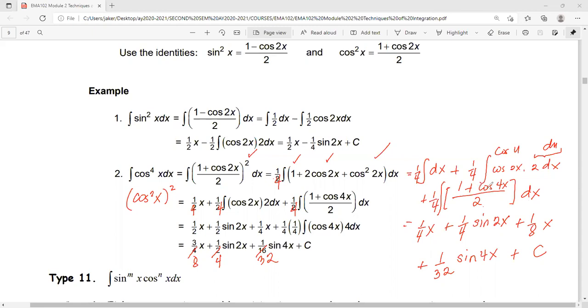And this 1/8 cosine of 4x will be 1/32 sine of 4x, because you need to have the derivative of 4x here, which is 4 dx, which requires that you divide by 4 again. So 1/8 times 1/4, that would be 1/32 sine of 4x.